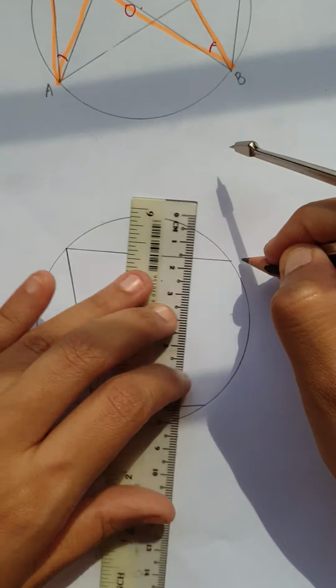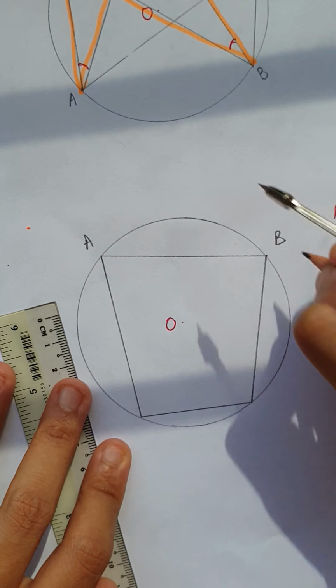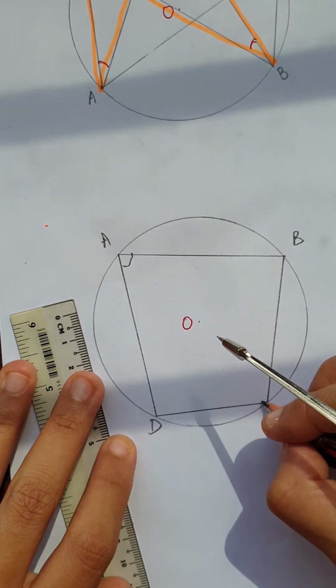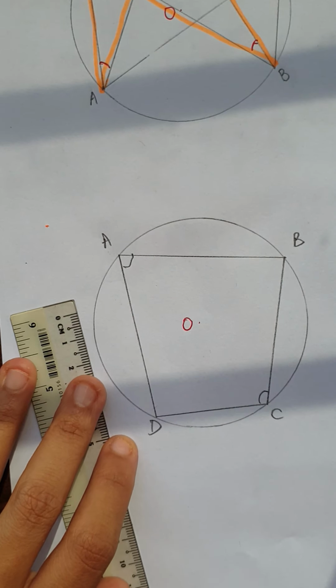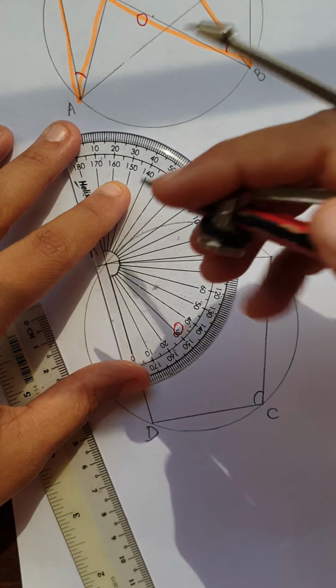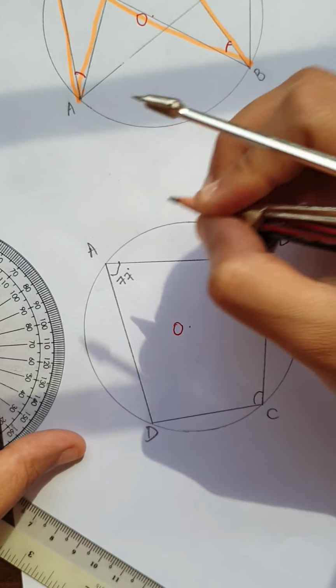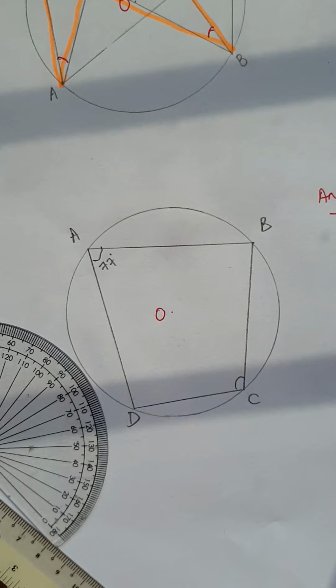Now if I measure the opposite angles of this cyclic quadrilateral A, B, C, D, if I measure this angle and this angle, let's see what the angles add up to. This one is about 77. Now let me measure this angle here.